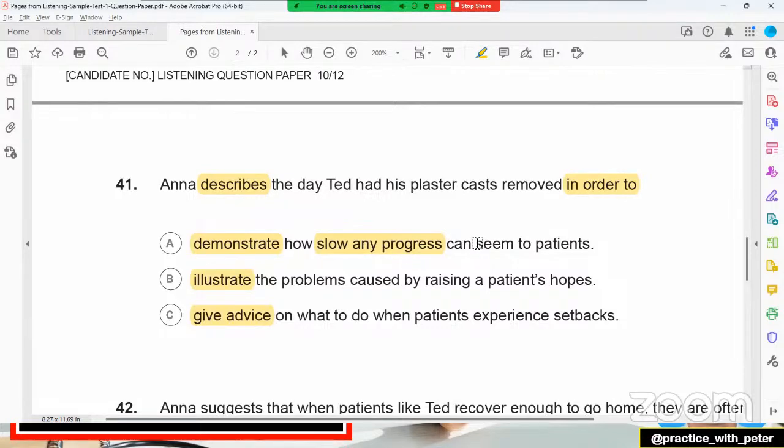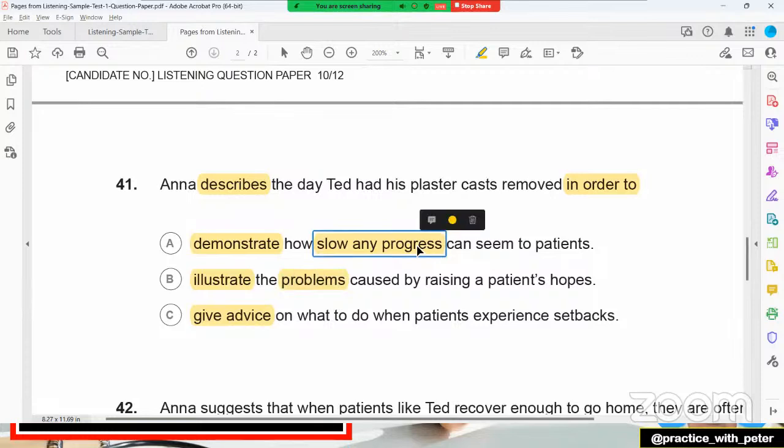Okay, it may appear to patients. The rate of progress is very slow. Gradual progress. It's very slow. They'll be restless.